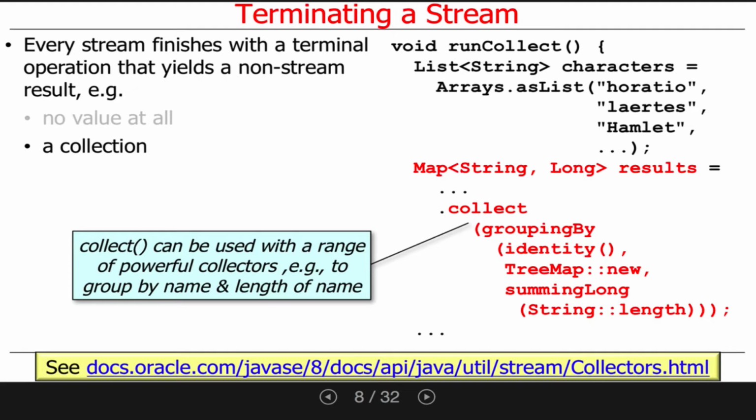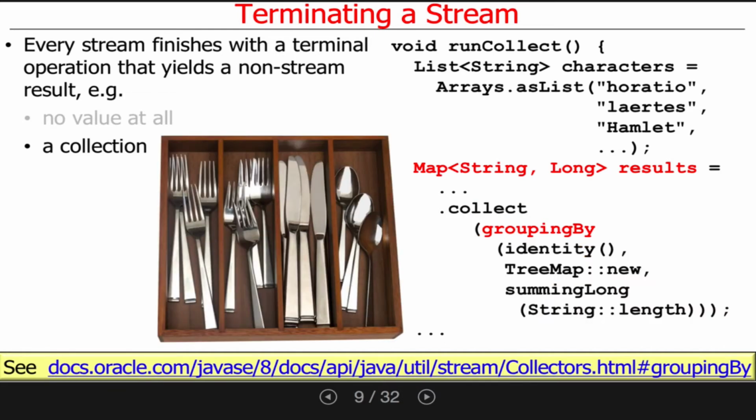I think I mentioned before you can use this with a bunch of collectors. We've got things like groupingBy that puts stuff into categories, which is kind of cool. You can also see that you can do various operations in collect that change the type of output we get as a result. For example, I'm using TreeMap here, so I'm creating a map that's a TreeMap.